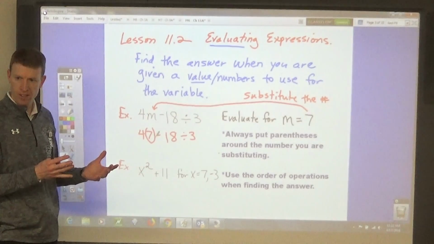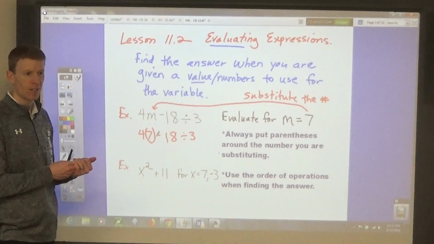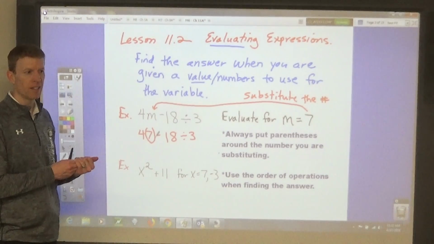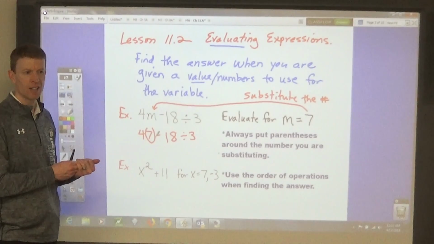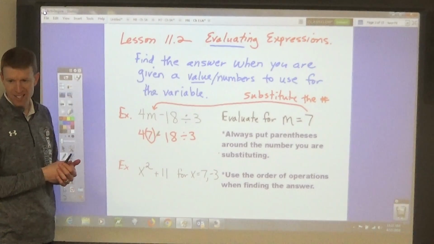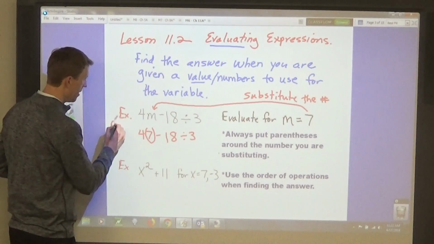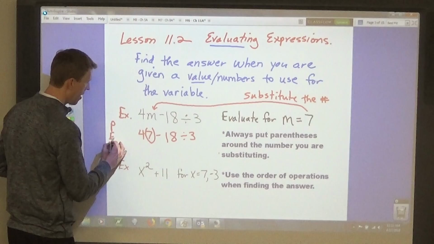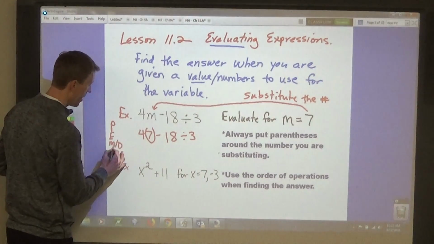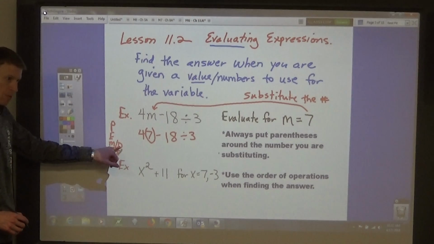So what's the next step? Parentheses, then exponents. Okay, PEMDAS. Multiplication and division are in the same step.